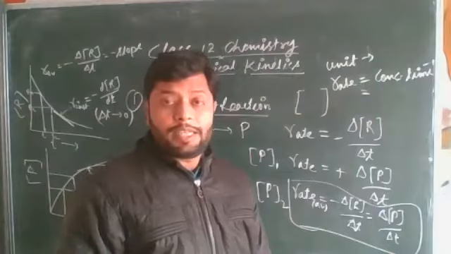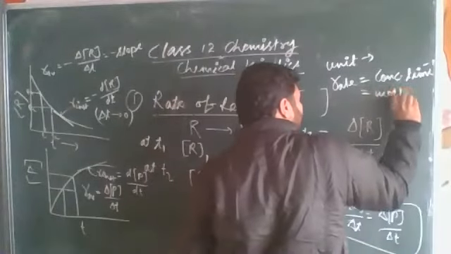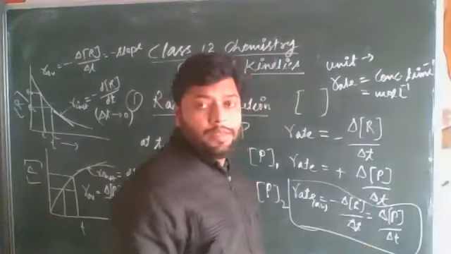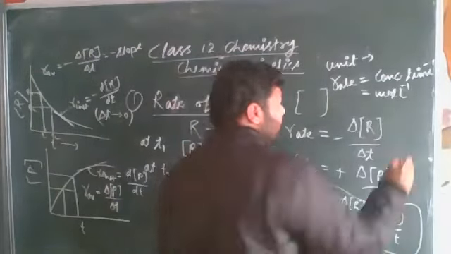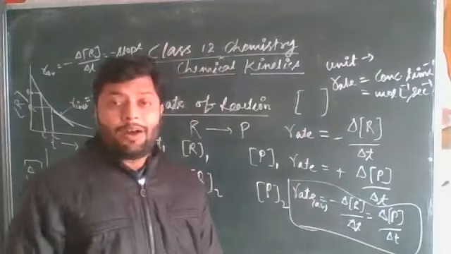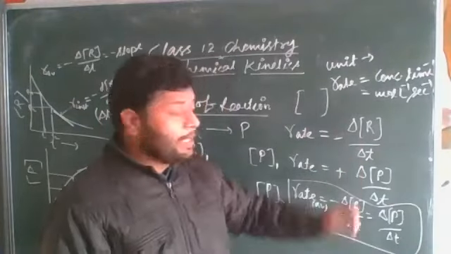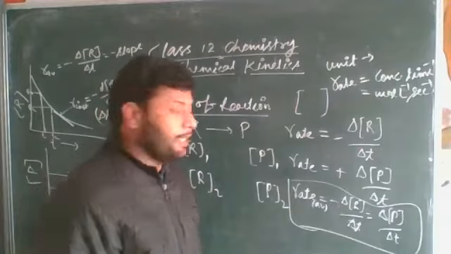If the concentration is indicated in mole per liter and time is denoted in seconds, then for both the average rate of reaction and the instantaneous rate of reaction, the unit will be mole per liter per second.